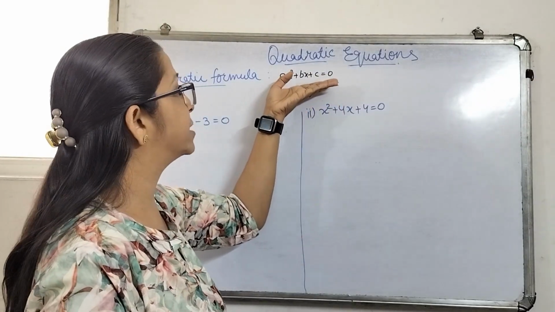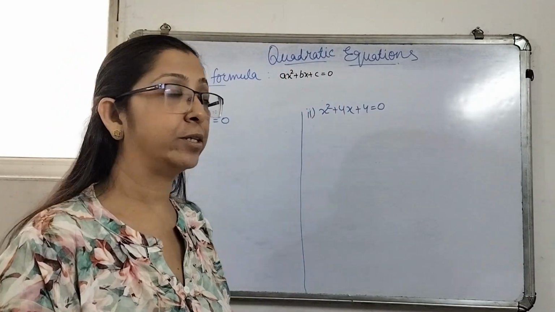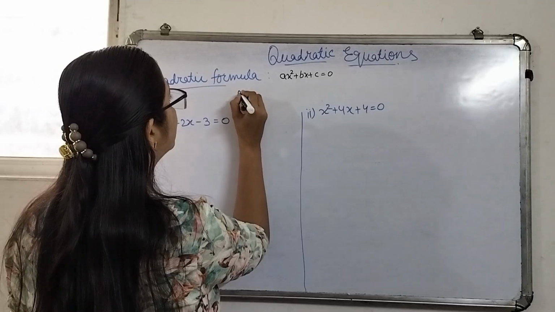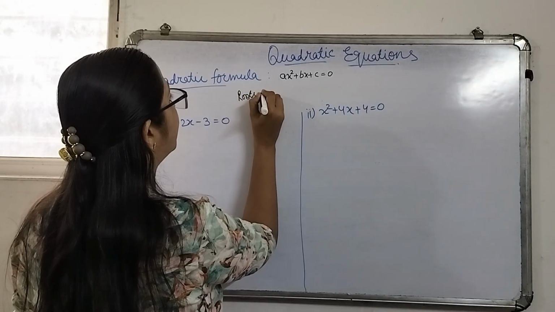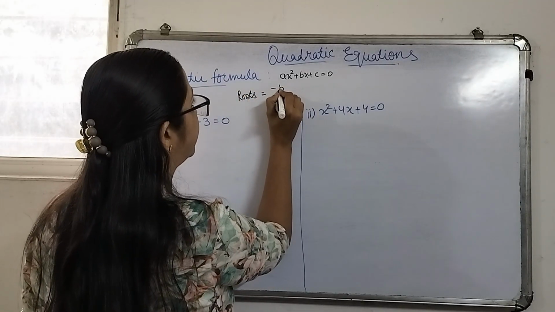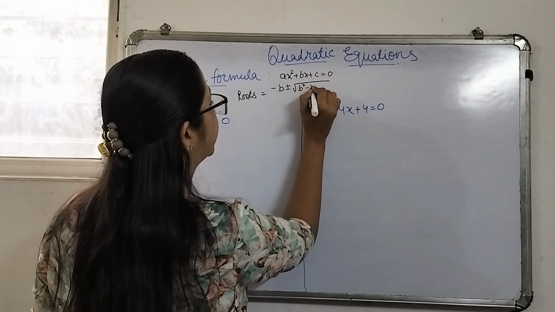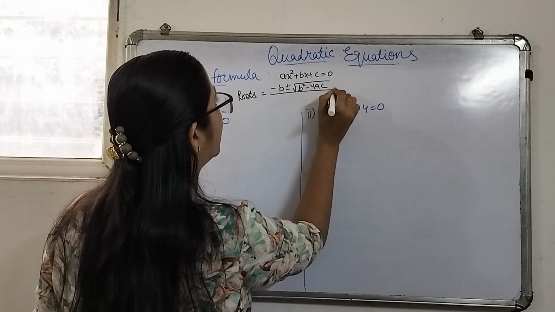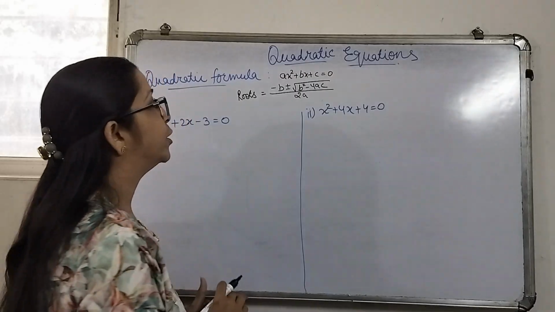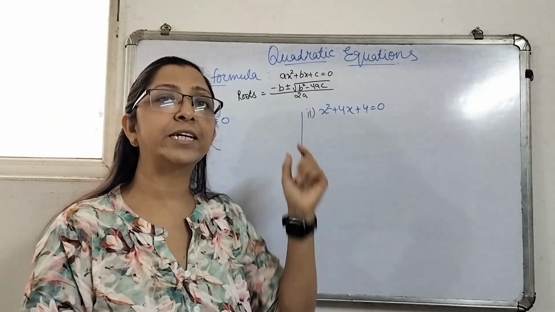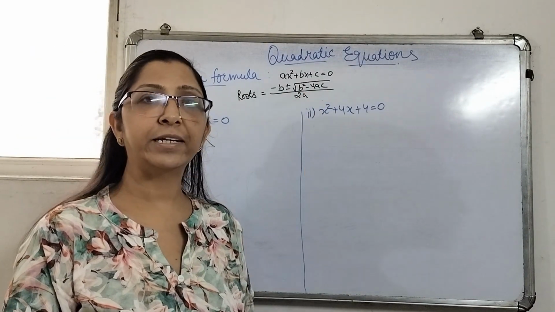We can find roots by the formula minus b plus minus under root of b square minus 4ac upon 2a. Using this formula, we can directly find roots of any quadratic equation.